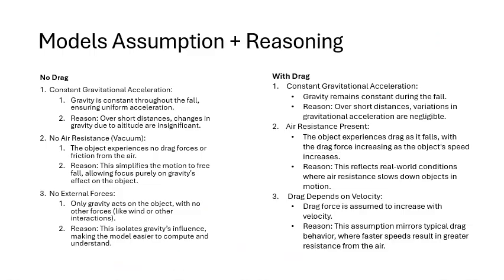For the computational models, with no drag, we have assumed that there's a constant gravitational acceleration. That's true for both, because Fg is an acting force. We assume that there's no air resistance in the no drag model because it's falling down in a vacuum, but there is air resistance present in the drag model, and it's dependent on velocity and how fast the object is falling down.